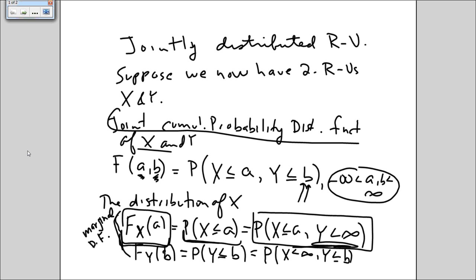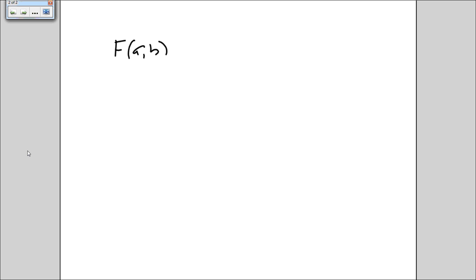All right, so we know by definition that F of a, b is the probability that X is less than a and Y is less than b.